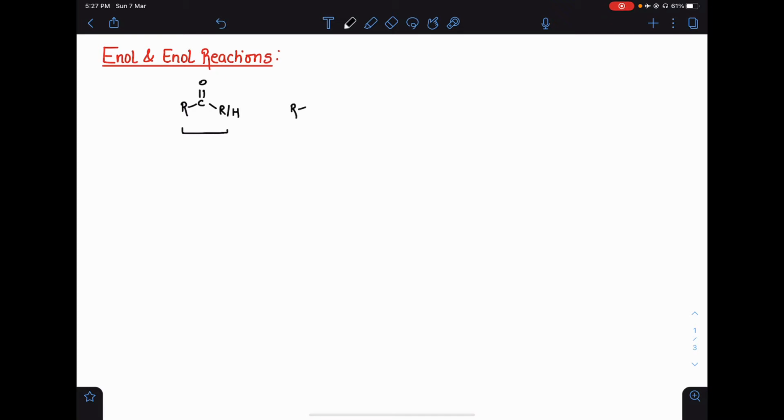Electrophile, as in we know that this C double bond O group of the carbonyl is polar. If I draw the resonating structure, it looks something like this, negative, positive, and R dash. If there is a nucleophile, that nucleophile will be attacking this carbon, because in one of the resonating structures, it has a positive charge. So carbonyl compounds behave as electrophile.